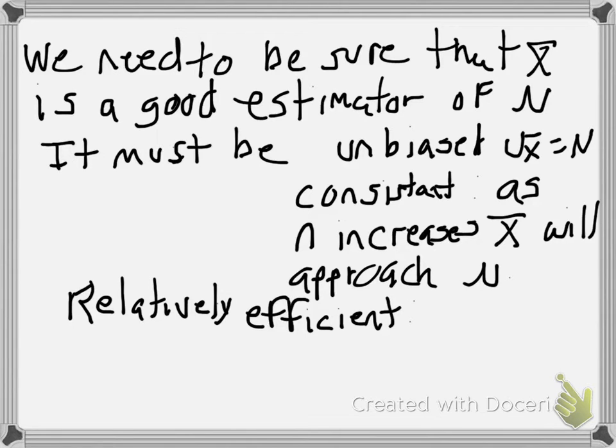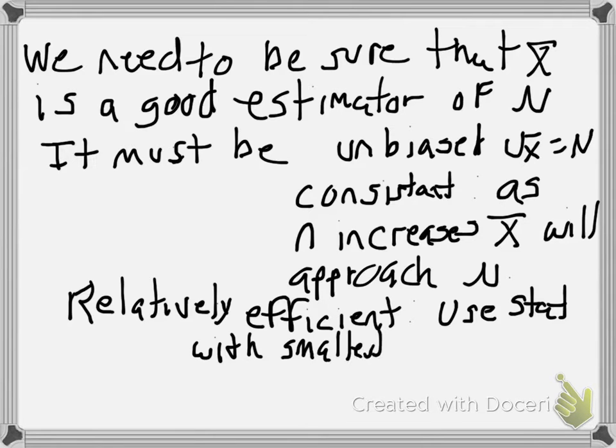We want to use the stat with the smallest variance. All right, so how are we going to do all this? How is this fun stuff going to happen?